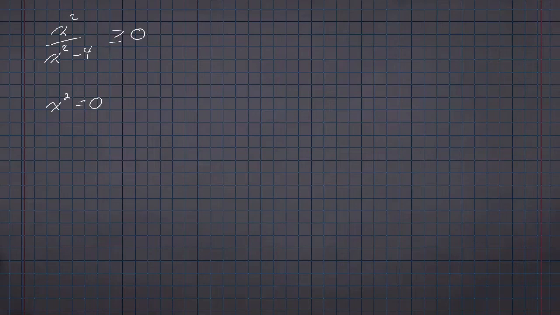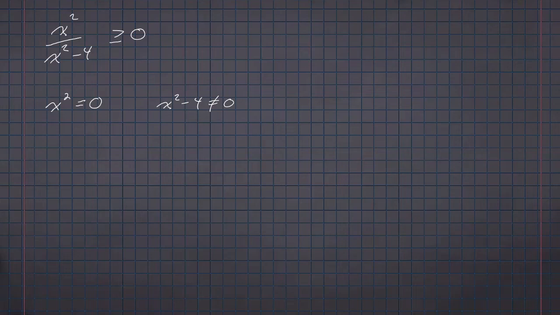If we had a strictly greater than inequality, this would not. And then the denominator, x squared minus 4, not equal to 0. When the denominator is 0, the function is undefined. So those are never going to be solutions to the inequality, no matter what the inequality symbol looked like.